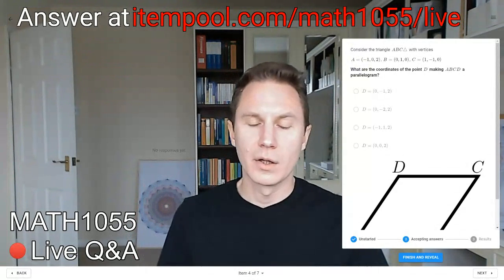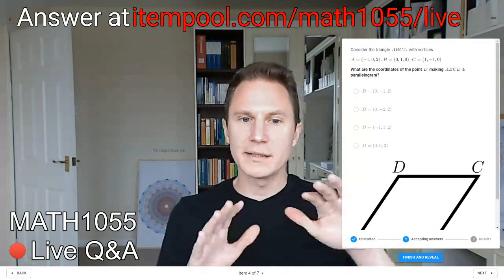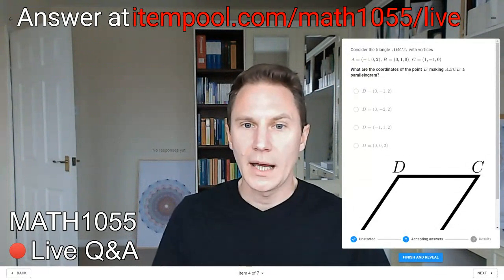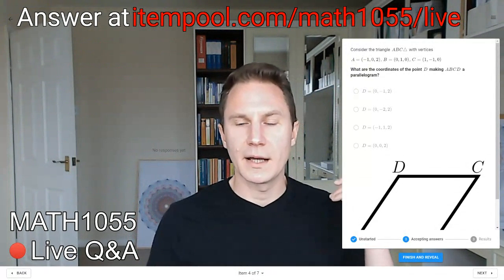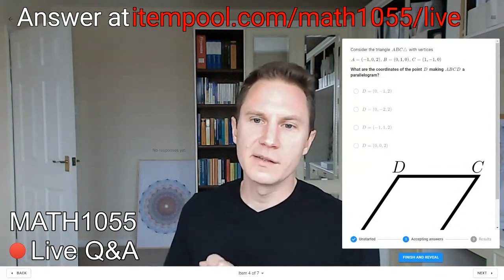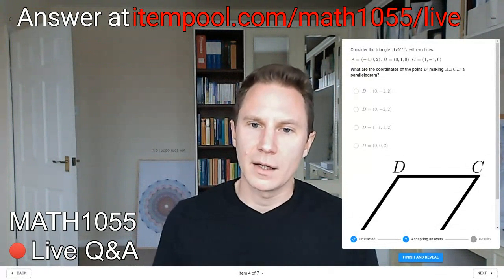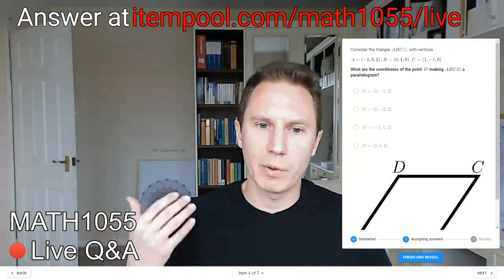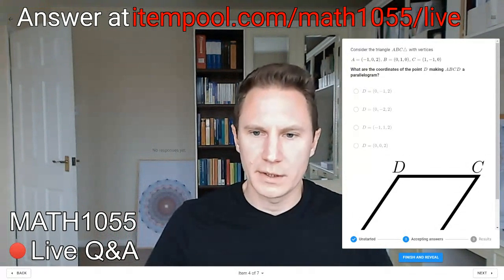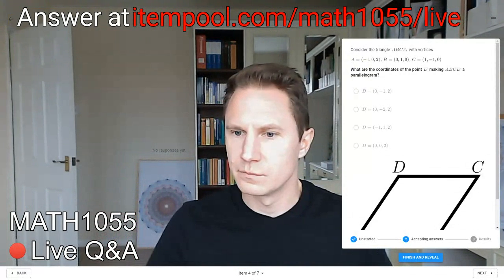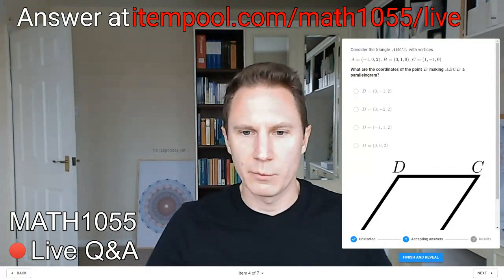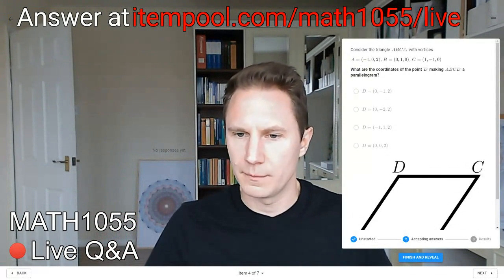So we have this triangle sitting in space in some orientation. And what we are looking for is a fourth point, point D, completing this triangle into a parallelogram. So this is the image I want you to have.